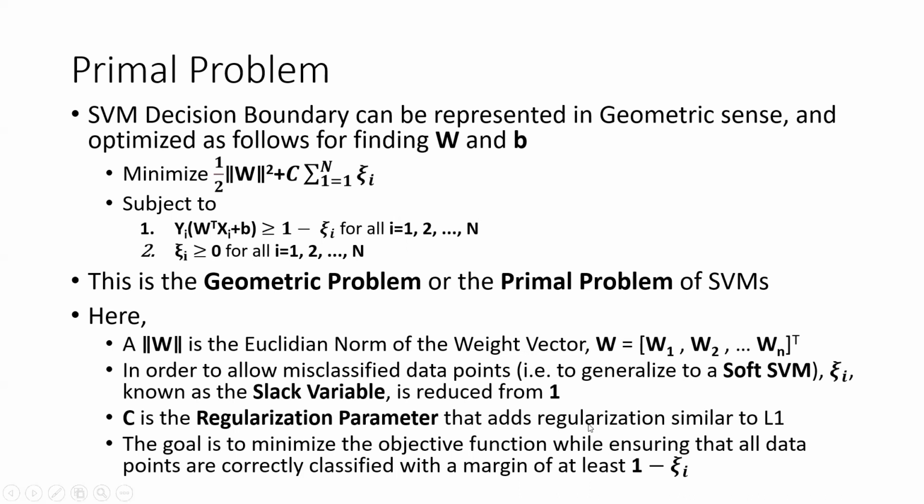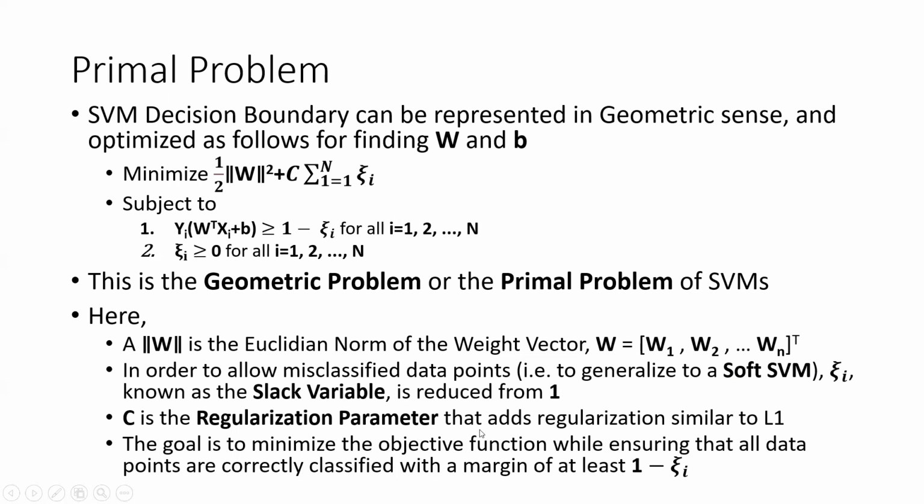These kinds of support vector machines are known as soft SVMs, where we don't make very hard assumptions like all the data points can be classified with 100% accuracy, but there can be misclassifications. With soft SVMs, we have to use this psi i slack variable.